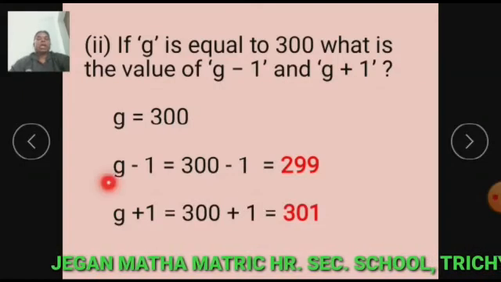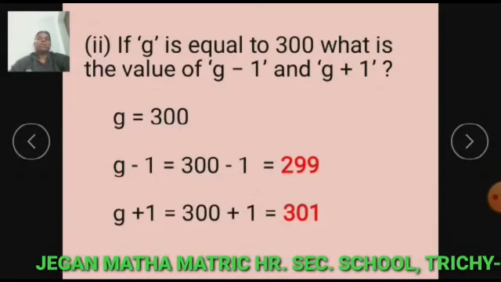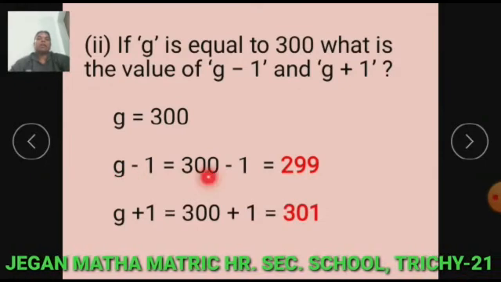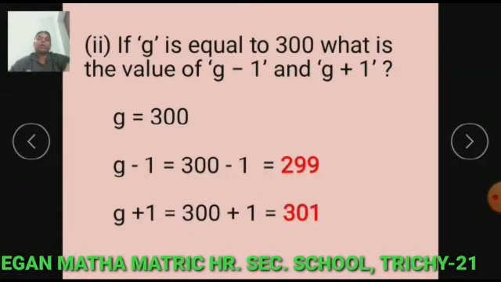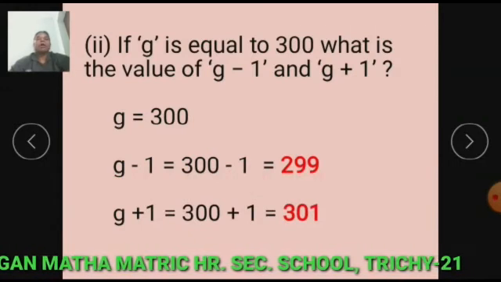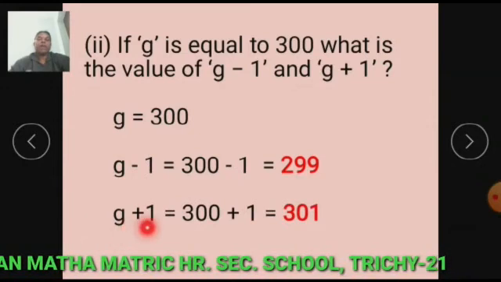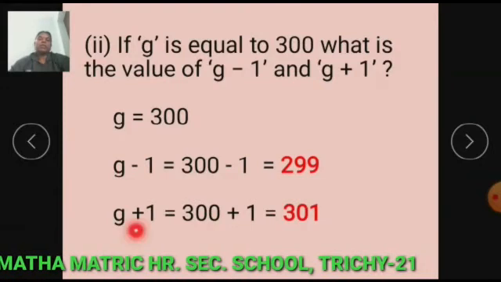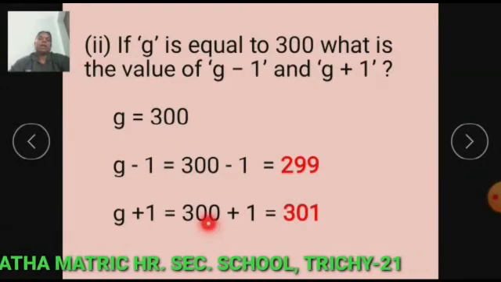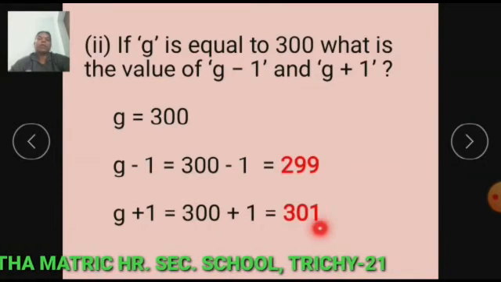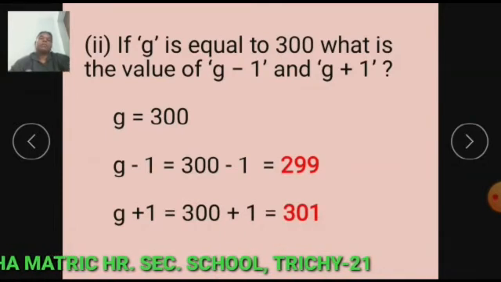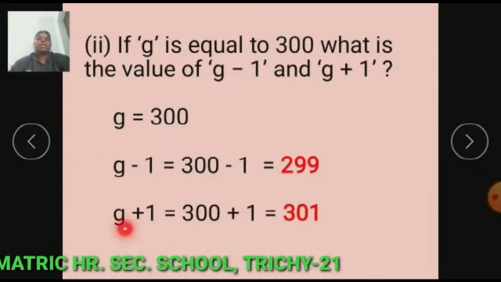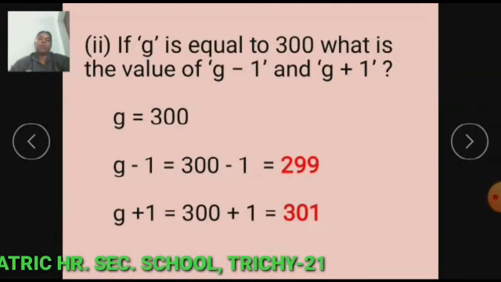To find the value of g minus 1, we substitute the g value. 300 minus 1 equals 299. To find the g plus 1 value, we substitute the g value. 300 plus 1 equals 301. g minus 1 equals 299 and g plus 1 equals 301.